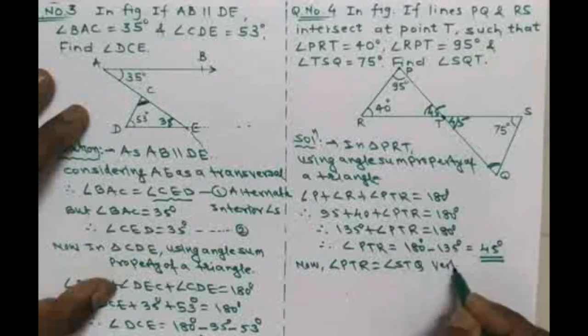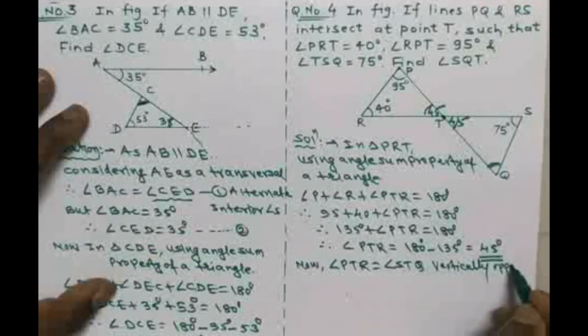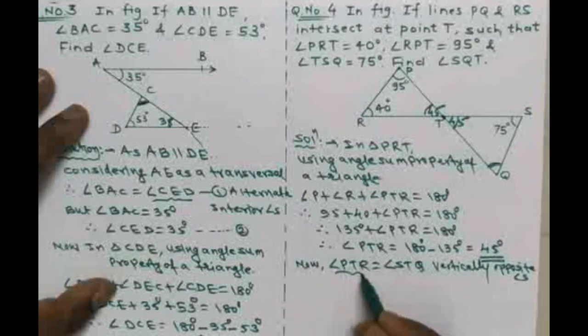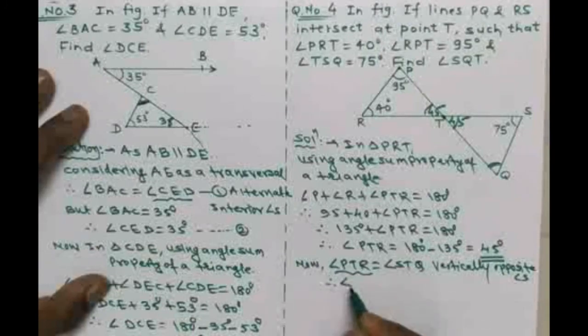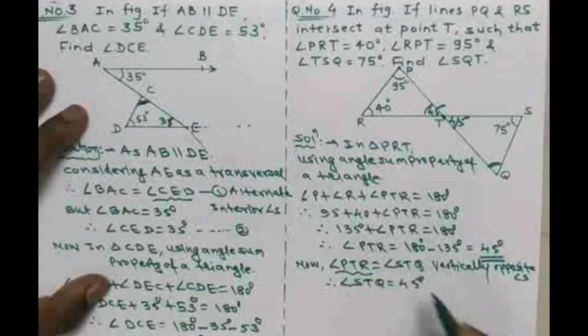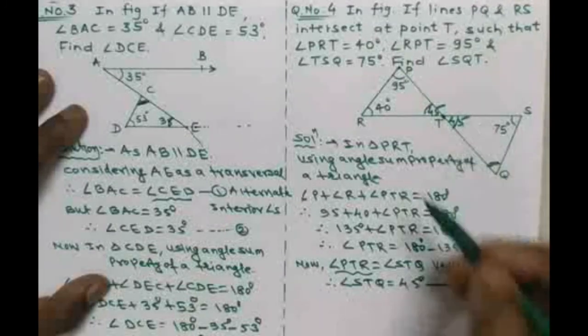Reason: vertically opposite angles. But PTR is 45, therefore angle STQ will also be 45 degree.